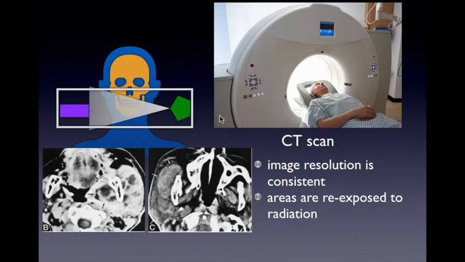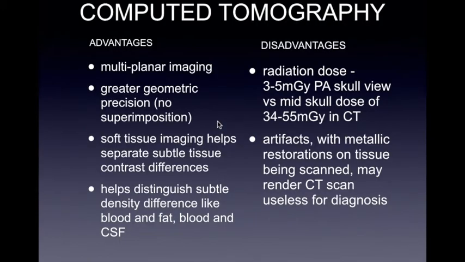And this also brings about one of the disadvantages of CT scans, because it has a fixed detector that will only detect a portion of the entire X-ray, it allows certain areas to be re-exposed to the same radiation. And that is where you get the advantages and the disadvantages of computed tomography.